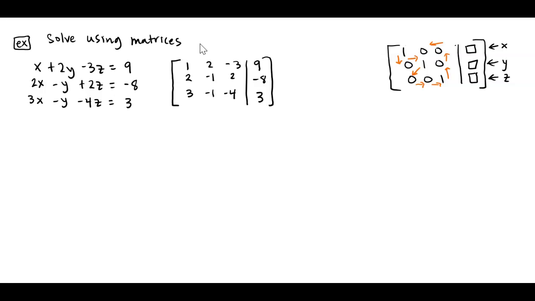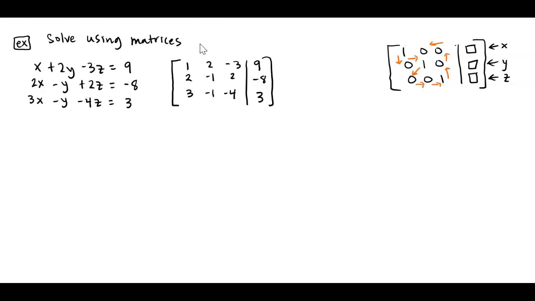All right, so I already have a 1 in that upper left-hand corner, so that's good. So the next thing I want to do is change that 2 into a 0. And remember, the way I can make zeros is by multiplying that 1 that I have above it by its opposite and then adding it to it.